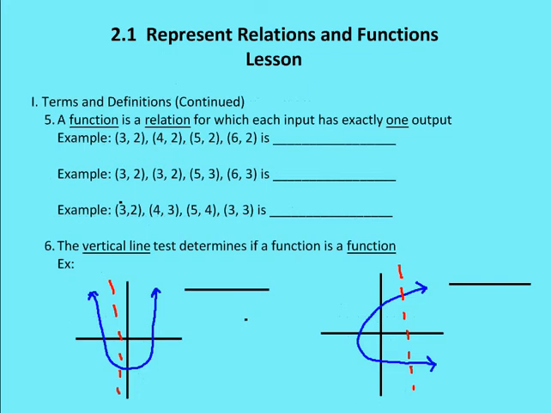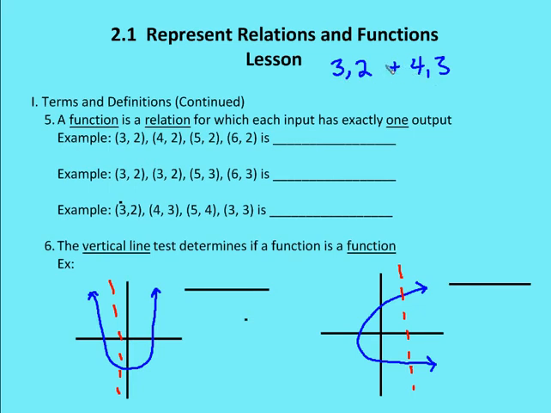All right, a function is a relation for which each input has exactly one unique output. Okay, so what does that mean? That means if I have a value 3, then it only has one unique output. So I can say (3, 2) and (4, 3) is a function.